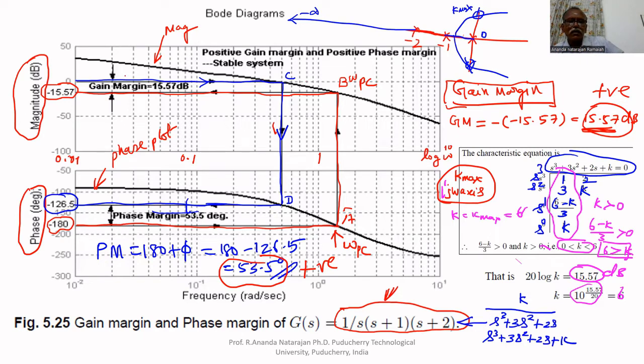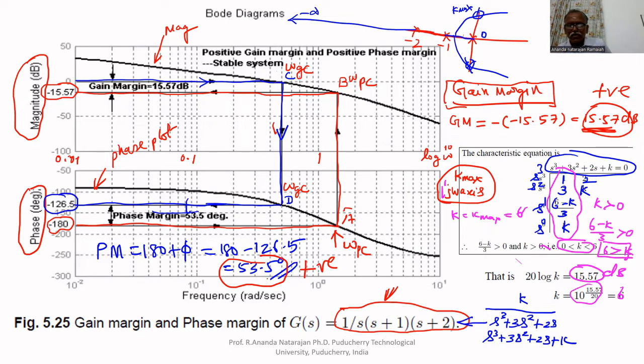Similarly, at 0 dB, if you draw a horizontal line, it cuts the magnitude plot at C. At this frequency, we find the phase, that is minus 126.5. C is called omega GC, the gain crossover frequency. We find the phase margin at the gain crossover frequency. So the phase crossover frequency is used to find the gain margin, and the gain crossover frequency is used to find the phase margin.